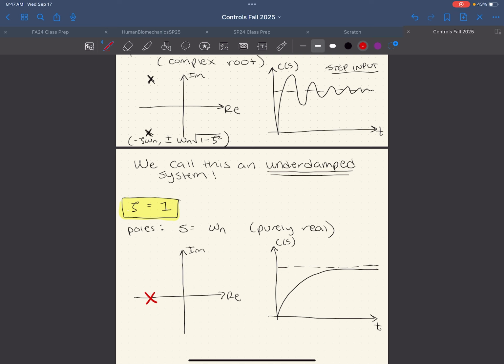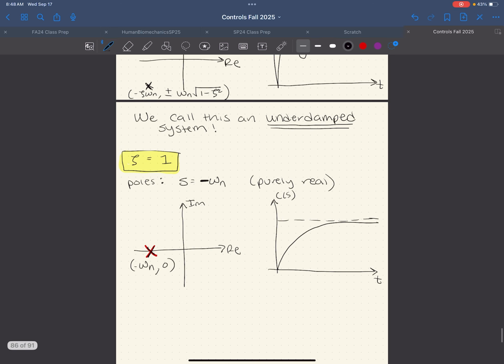This is just a repeated root, meaning that we have something like s plus omega n times s plus omega n. So there are two roots co-located at negative omega n. And so the way that we draw this on the map is something like this. We have a pole right on top of another pole. And this is, of course, minus omega n comma 0. We call this very special system a critically damped system.